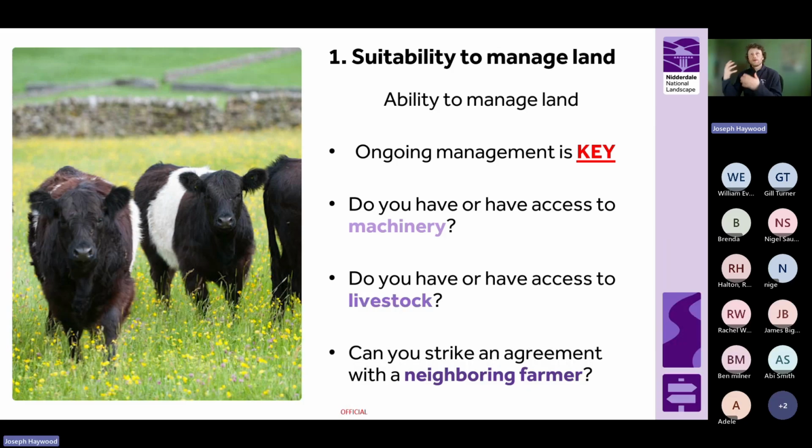It's usually free, but not all the time, depending on the quantities of land you have. But yeah, just having good relations with neighboring land managers who have access to these resources. So mowing, a mower, a baler, a harrow, and then some livestock. They're kind of the key bits of equipment you need.